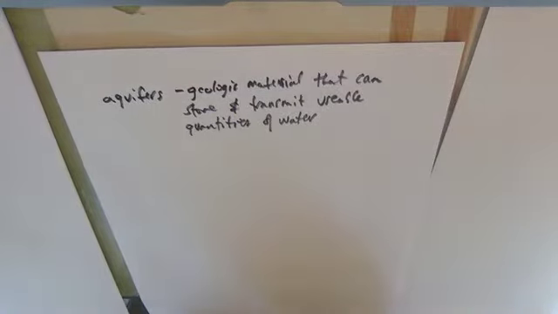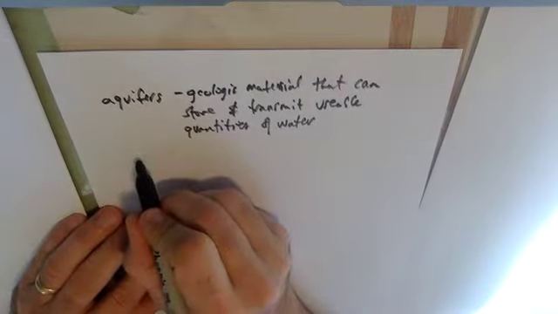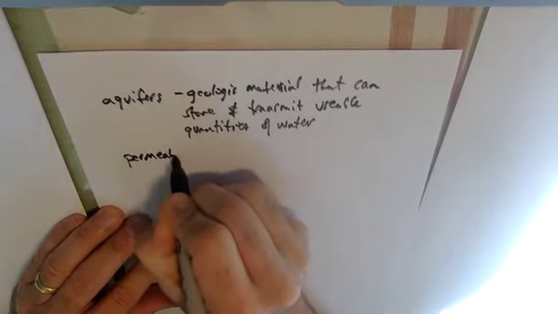So it's got to be able to have enough porosity to hold on to store a lot of water. And then those pores have to be capable of allowing the water to flow through. And the ability of material to allow water to flow through is generically referred to as permeability.